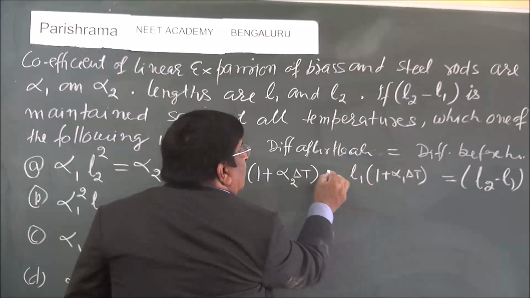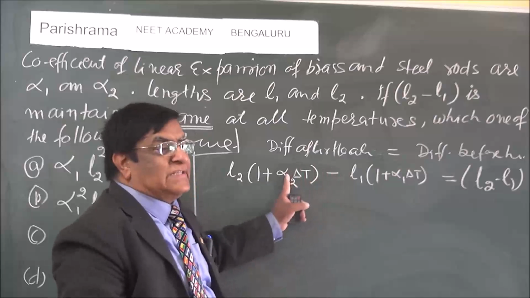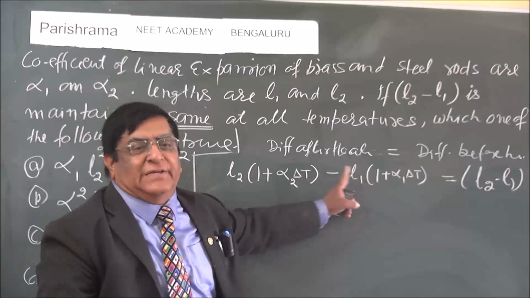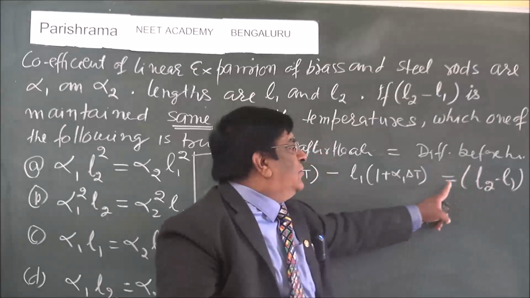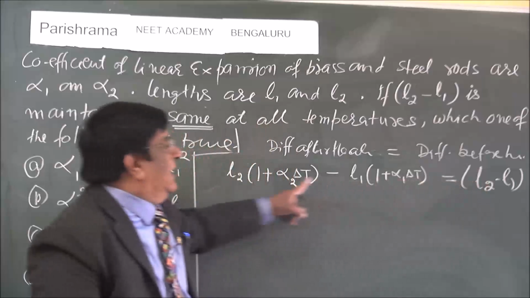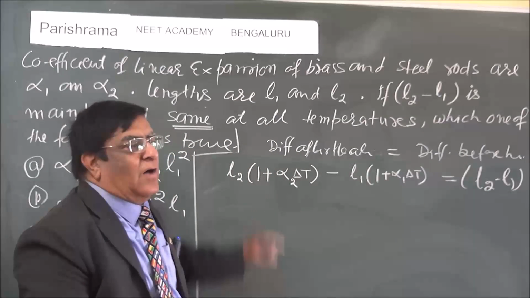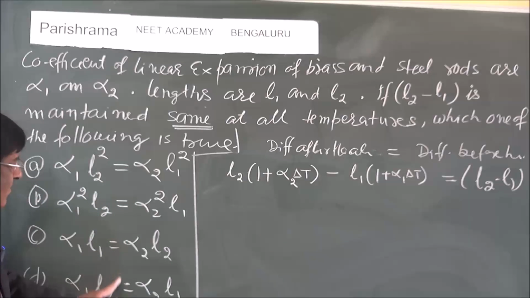What is the difference between the two? This is the difference, minus. So this is the difference after heating. This is the difference before heating, and that should be the same, equal. Right? So here it is. Now you have to find it in equation form.